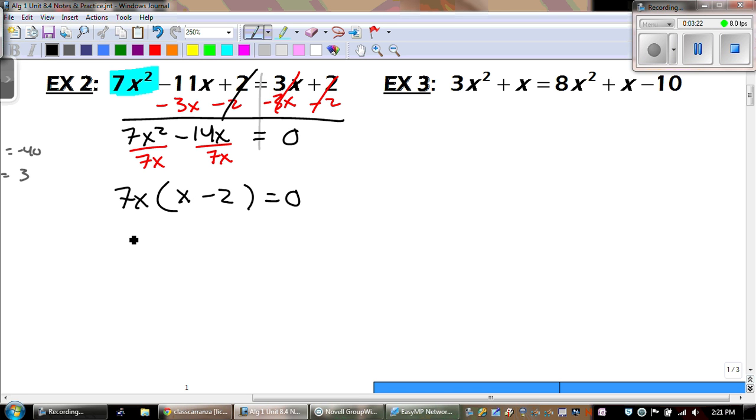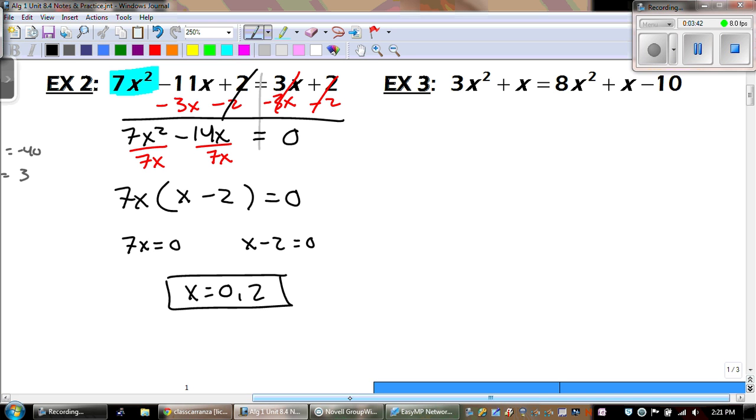I set everything with a variable equal to 0. So 7x equals 0 and x minus 2 equals 0. Those two answers are x equals 0 and x equals a positive 2. If you're not seeing how I get that answer, guys, you need to rewatch 8.3 notes. Okay?